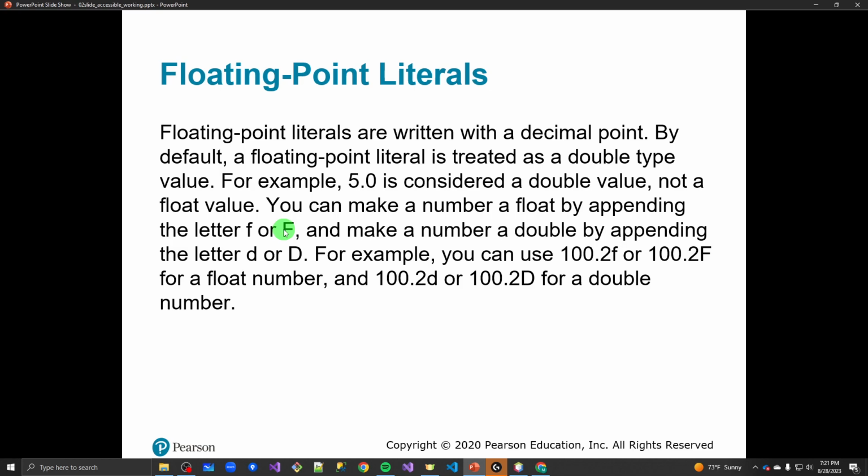If you want to force something to be a double, you can actually put a D after it. But again, as long as it has a decimal and you don't put anything after it, it gets treated like a double. So 100.2F says, hey, this is a floating point number. 100.2D says this is a double. Those are how we designate literal numbers. Variables are designated by the type declaration that we do.